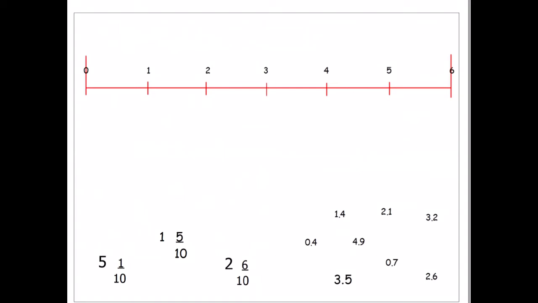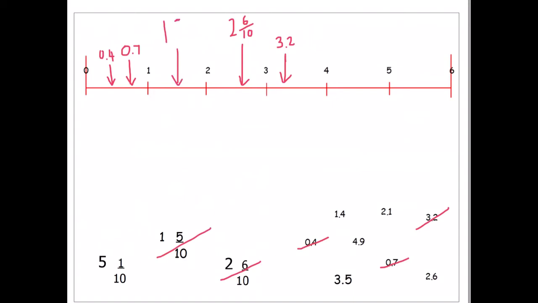Right, let's begin with 0.4. 0.4 is just less than a half, so it will be around here, 0.4. 2 whole ones and 6/10, so it's just above 2.5. 0.7 will be down between 0 and 1 because there's no whole ones. 3.2 is going to come between 3 and 4. 1 and 5/10 is just 1.5.